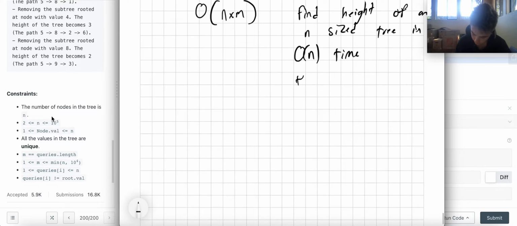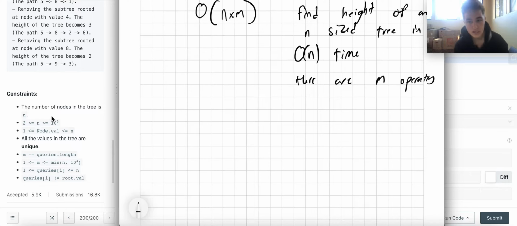and there are m operations, right? So essentially what you would do is take a tree, remove the subtree, that's a constant operation, so you just maybe set information in that subtree node to 0, so you know when you're traversing the tree that you should return if you reach this node.